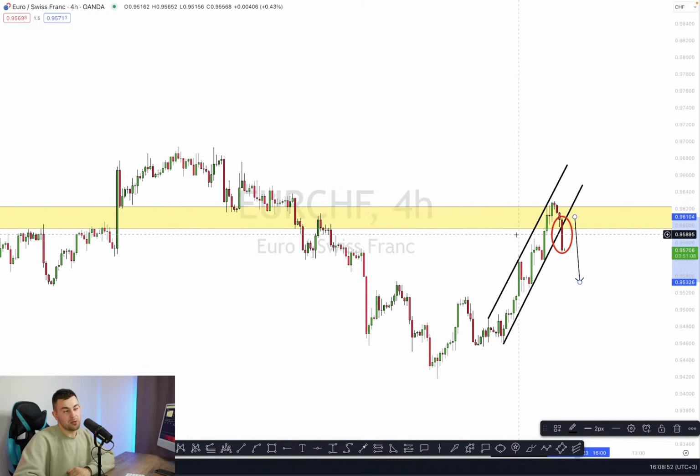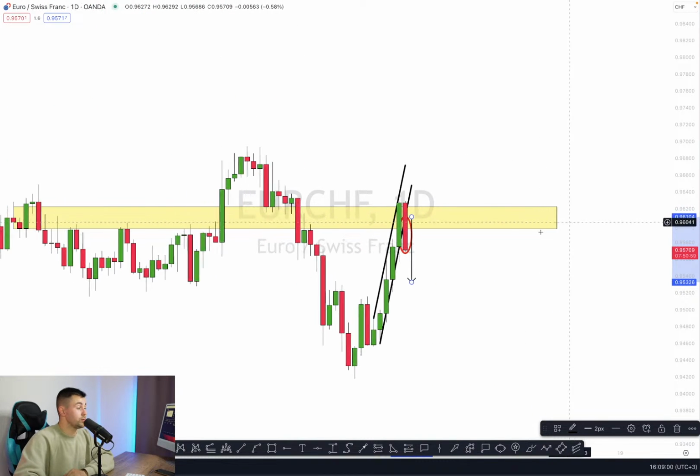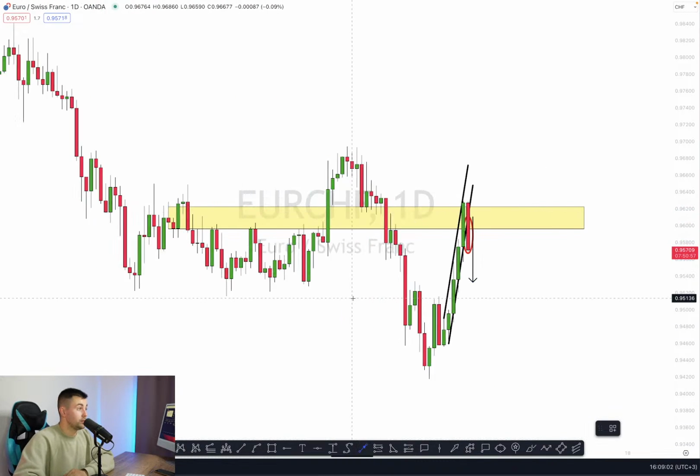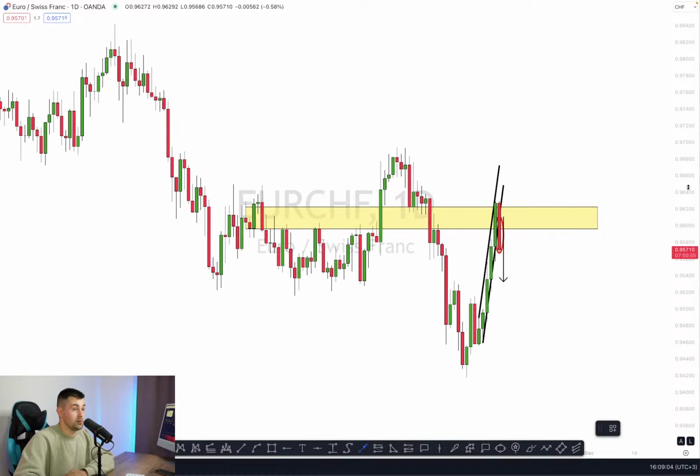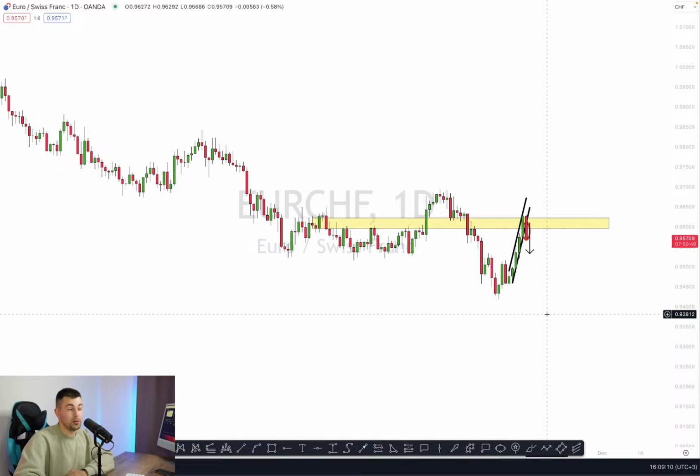Moreover, that channel right here looks like a bearish flag. Yes, it can be the variation of a bearish flag. So I think EURUSD will most likely return to a global bearish trend. Yes, we are trading in a global bearish trend. We set a new lower low. We started a correctional movement, and probably it is now the moment to return to a global bearish trend. So I would anticipate a bearish continuation.